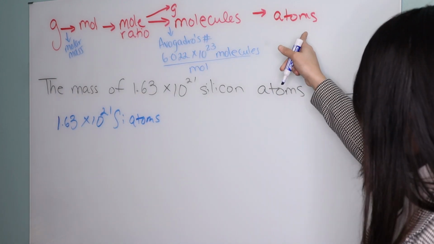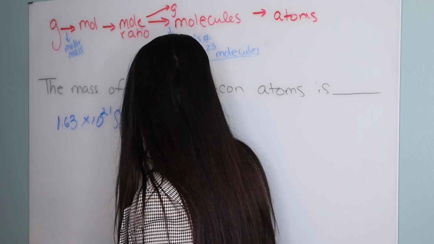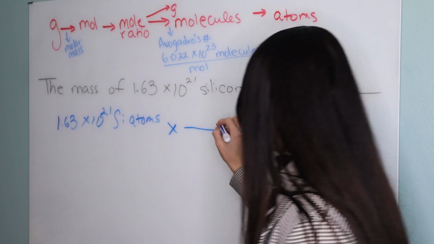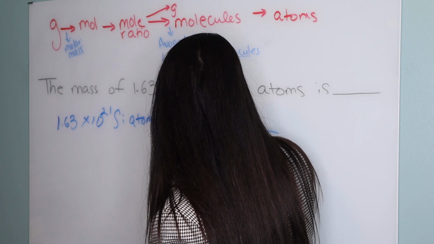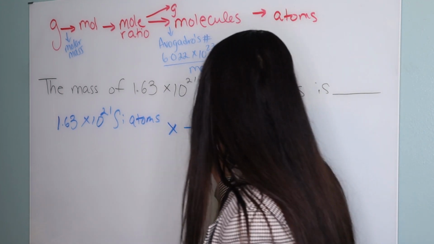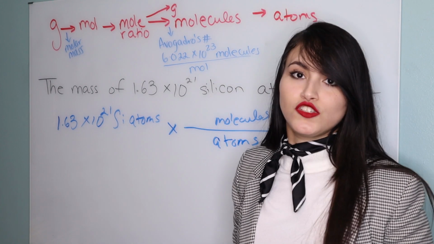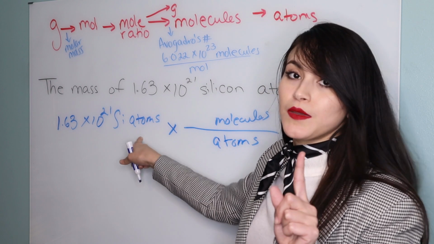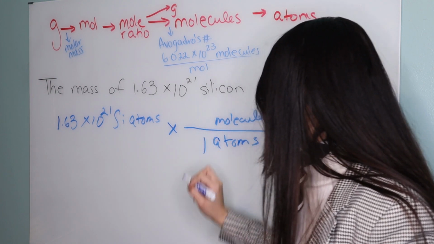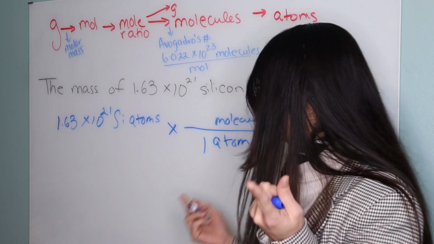Looking over here at our chart, the next step is molecules. So again, what we want goes on the top. I want molecules, and I want to get rid of atoms, so that's going to go at the bottom. There's just one silicon atom, and that one silicon atom is also just one molecule.